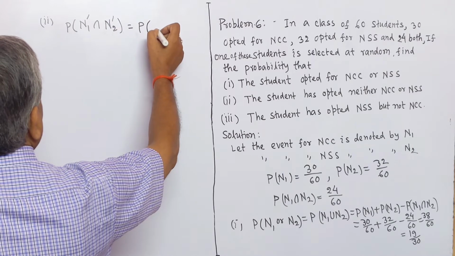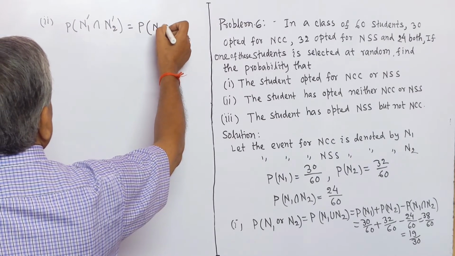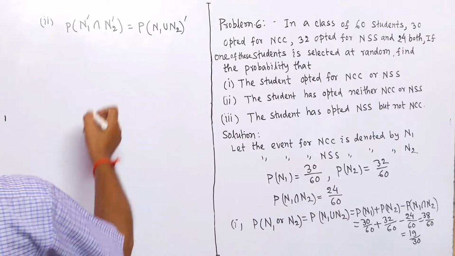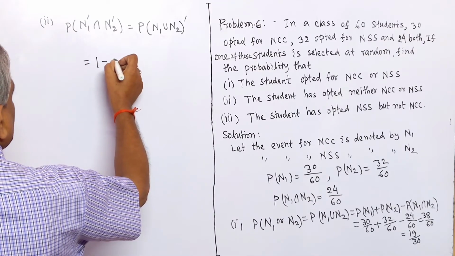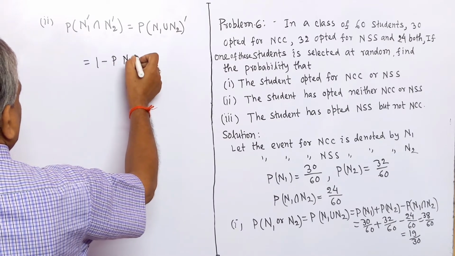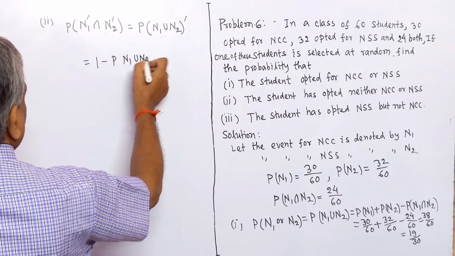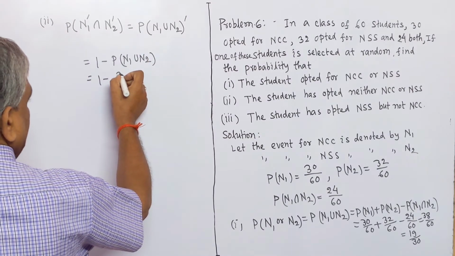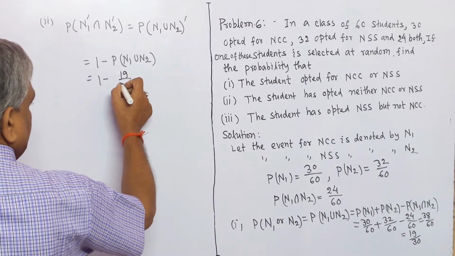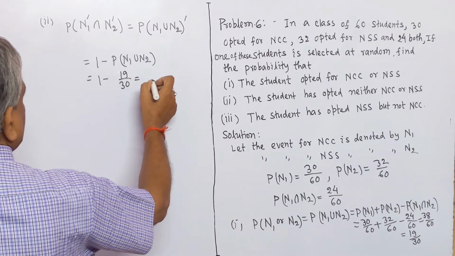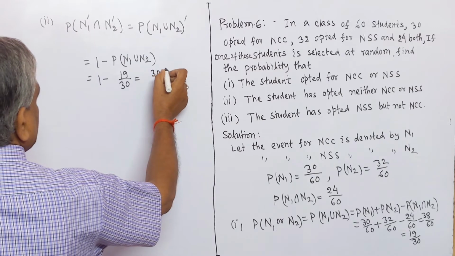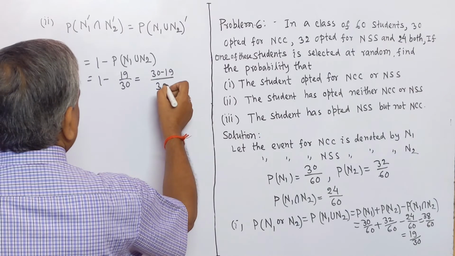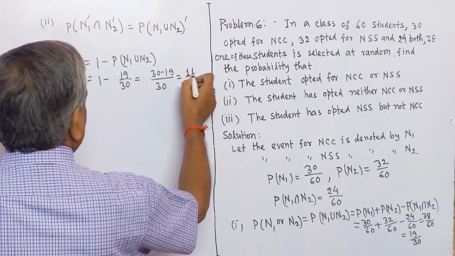By De Morgan's law this equals P((N1 union N2) whole prime), which equals 1 minus P(N1 union N2), meaning 1 minus 19 by 30, which is 30 minus 19 by 30, meaning 11 by 30.